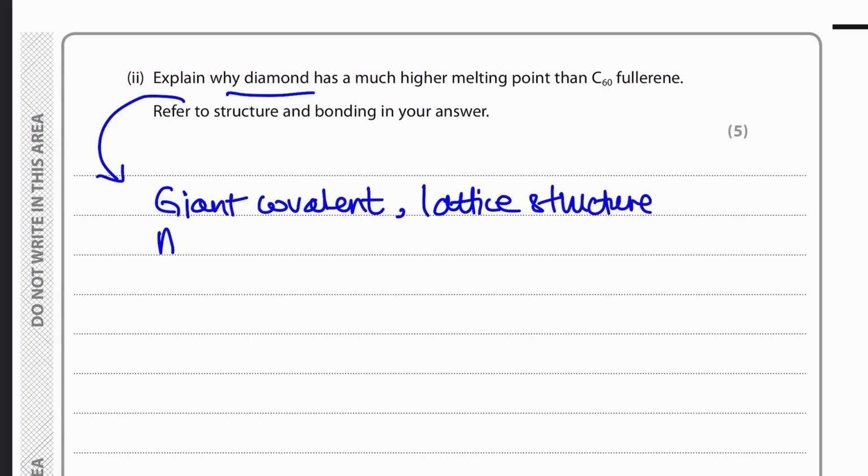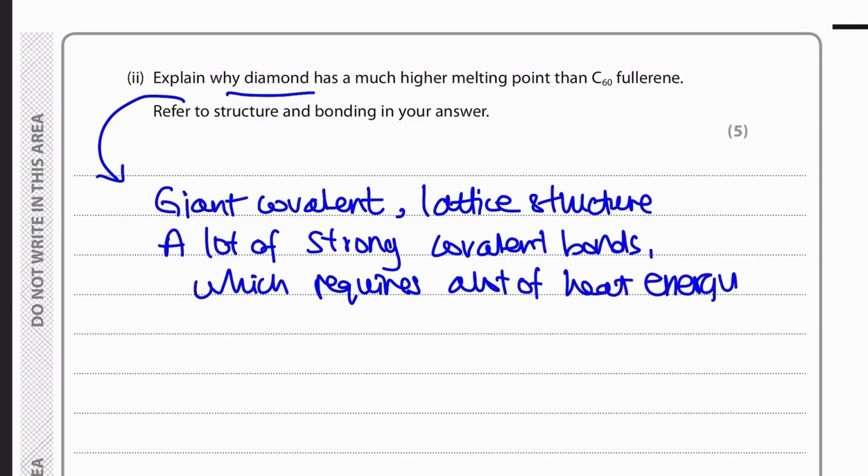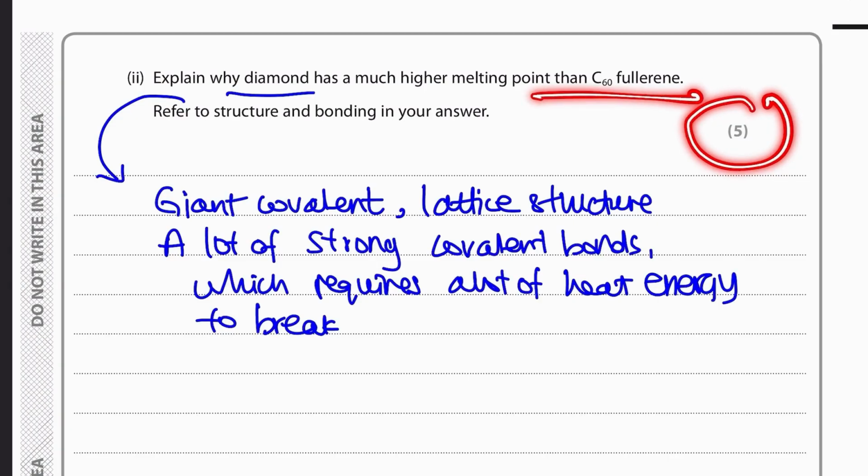So you would say that there are a lot of strong covalent bonds, which requires a lot of heat energy, or thermal energy, to break. And that's just part one of the question, 5 marks. You have to talk about the other one as well because you're comparing.